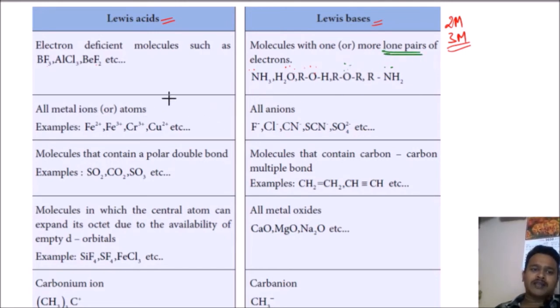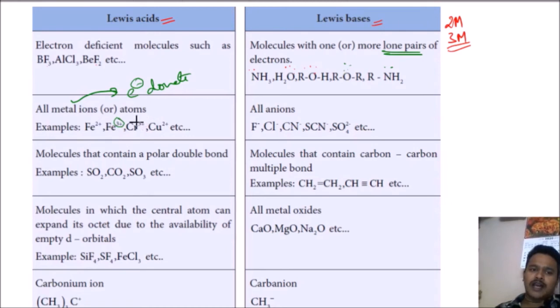All metal ions are Lewis acids. Metal ions have a positive charge. A metal itself can donate electrons. Fe2 plus has already donated 2 electrons, now it is poor. Fe3 plus has already lost 3 electrons, so now it is in a poor state.